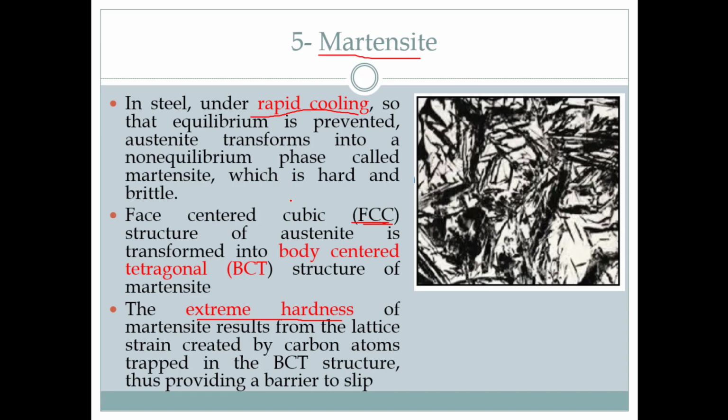So this martensite is very hard and at the same time very brittle. This phase appears when we have rapid cooling from the austenite temperature. And here is the microstructure.